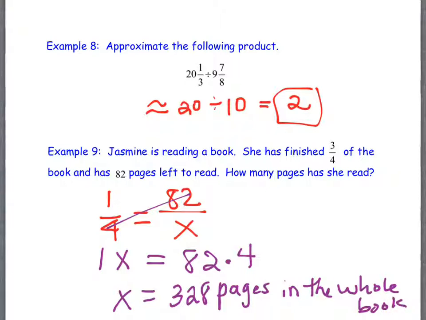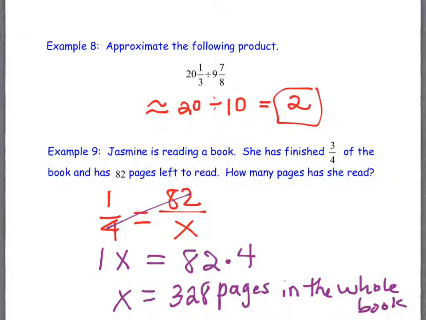So if I go this route and I get to this point, this is fabulous. I just need to make sure that I'm answering the question. So I have 328 pages in the whole book. How am I going to answer the question that I was actually asked? Yeah. Minus the 82. 82 is what she's got left, right?